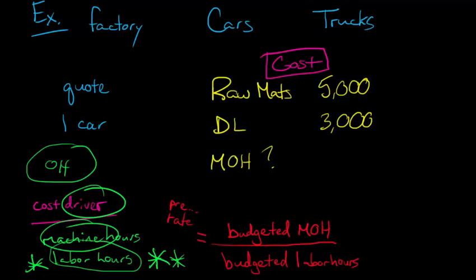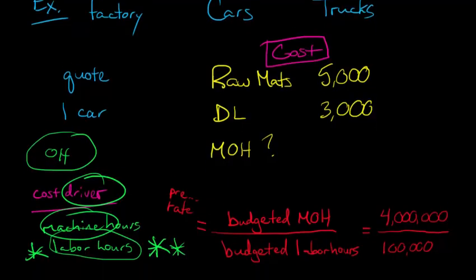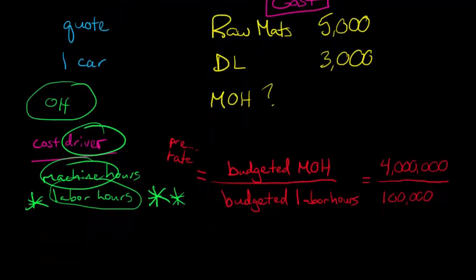Okay, so let's say that we look forward and say during the year we're going to have $4 million in overhead. We know that's not necessarily going to be spot on. That's our estimate. And then in terms of the labor hours, we think that we'll have about 100,000 labor hours. Now we just do a little division here.